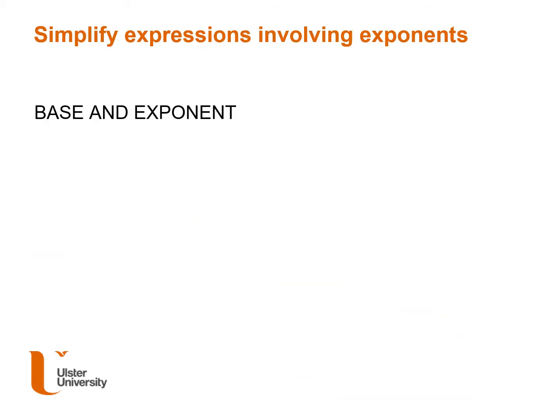Base and exponent. Usually a power is represented with a base number and an exponent. For example, if we have a to the power n, it means a is multiplied by a multiplied by a multiplied by a, and so on.